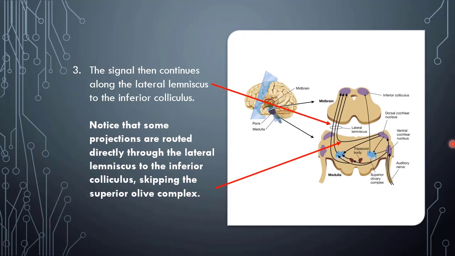One thing I want you to notice here, which is going to become important for some of the somatosensory systems, is that there is a second fast track here, where some projections skip passing into the superior olivary complex and go straight to the inferior colliculus.